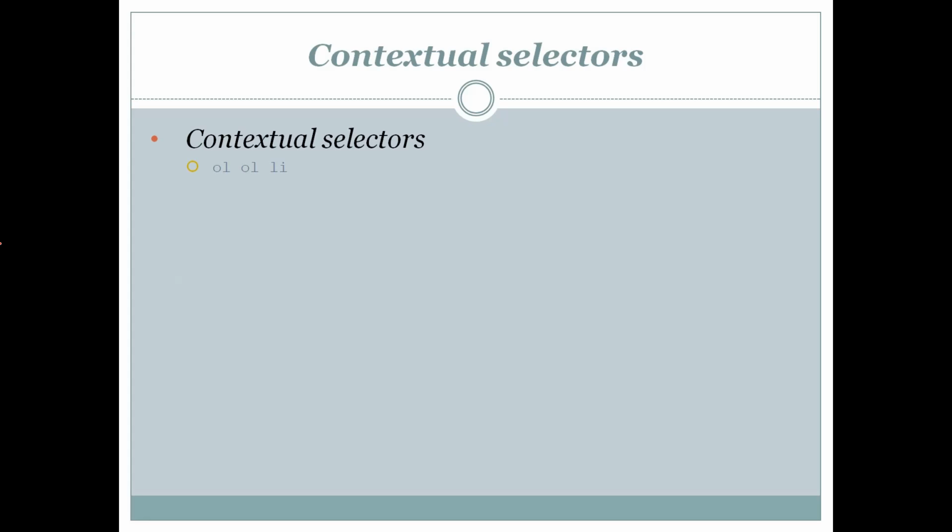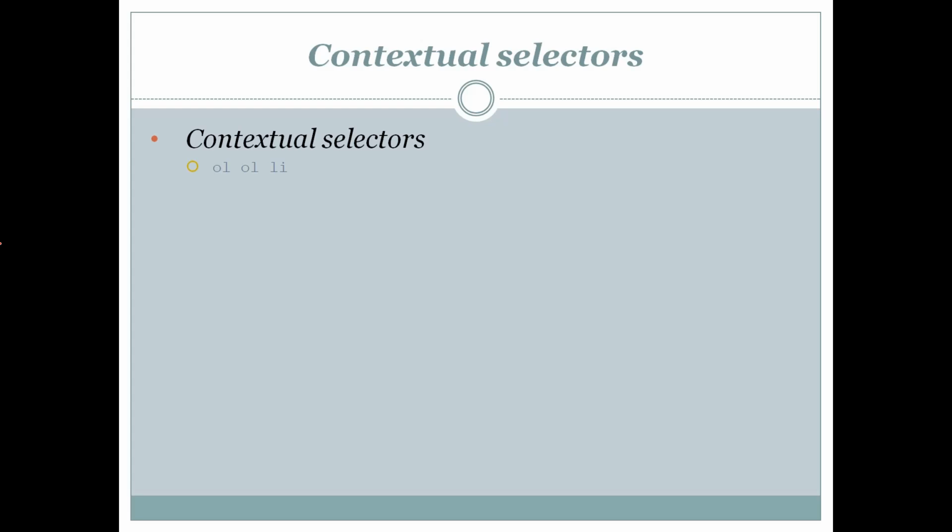Next, contextual selectors. Sometimes we may want to apply some style specification to the innermost tag, meaning a tag which appears inside some other tags. So if a tag appears only inside an OL tag, that is an ordered list tag, we can apply a style specification to it.